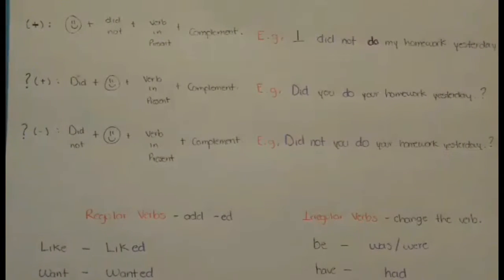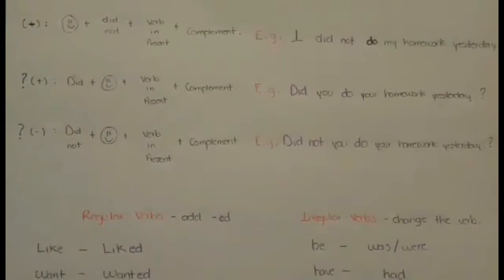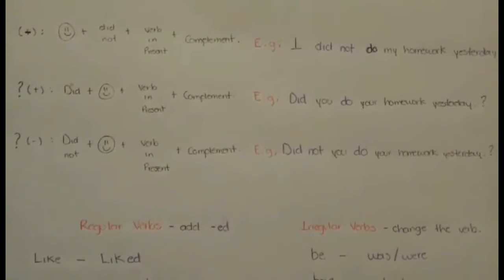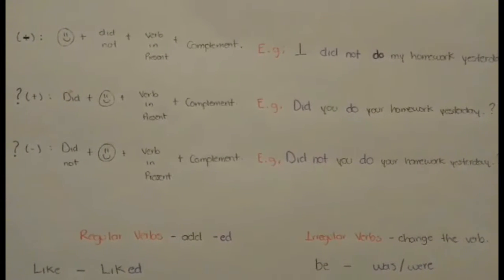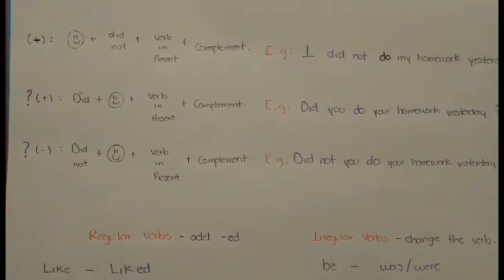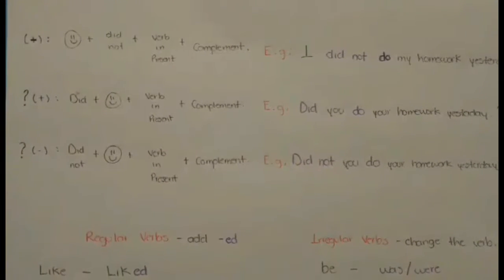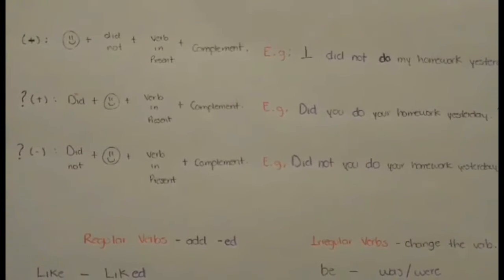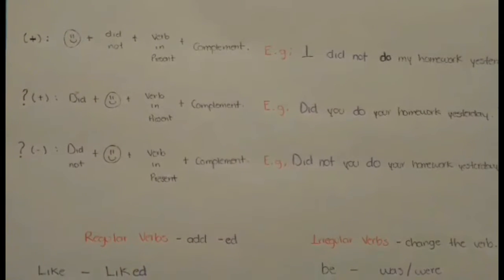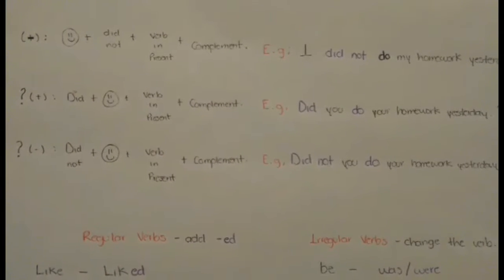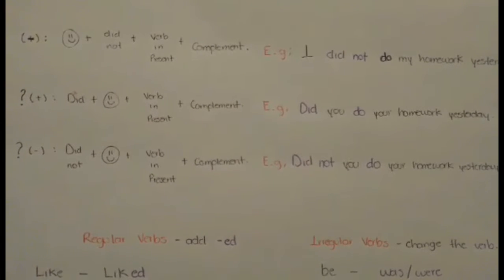For example, did not you do your homework yesterday? As you can see, in the negative sentences and the question sentences in positive and negative, we don't change the verb to the past form because we have the auxiliary verb did or did not.